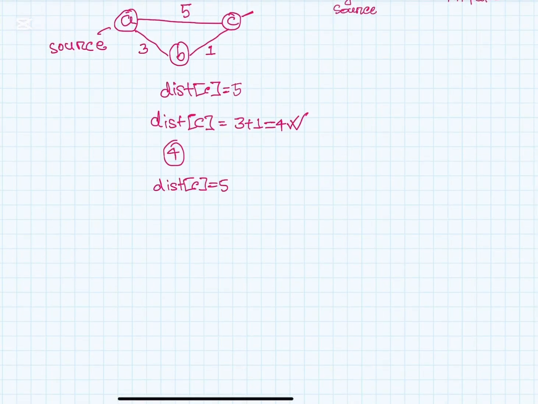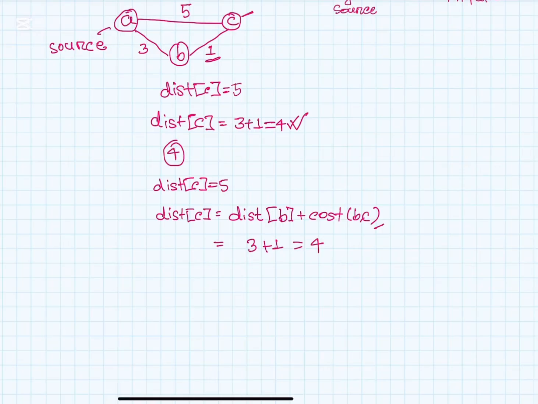So the B via route was distance of C equals to distance of B plus cost of B comma C. Here we wrote cost of B comma C because we will use the dist array when we calculate the distance from the source, meaning A vertex, to any other vertex. So dist of B was 3, cost of B comma C was 1, so equals to 4.